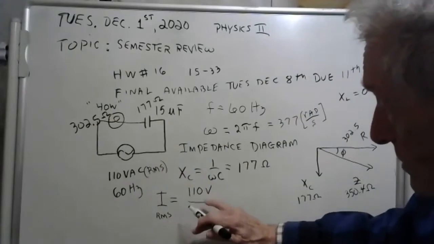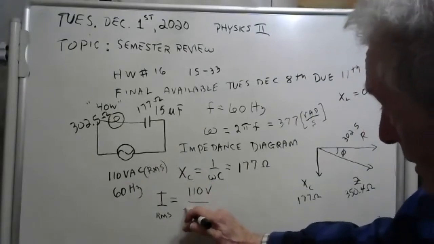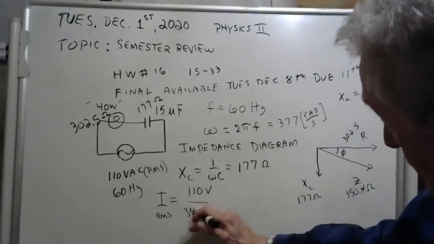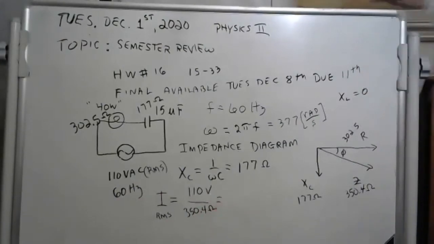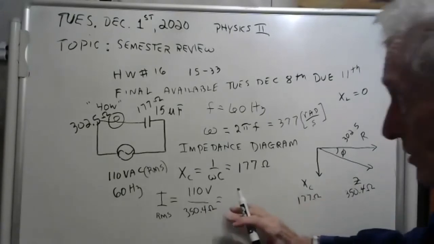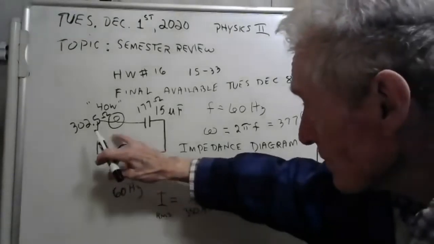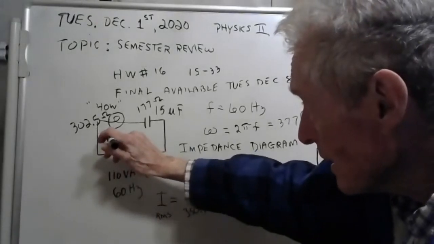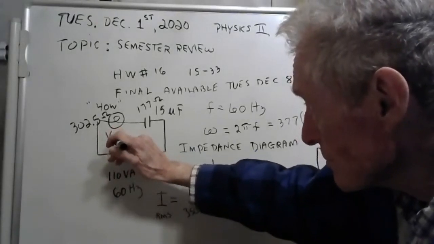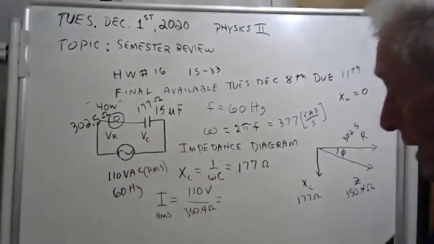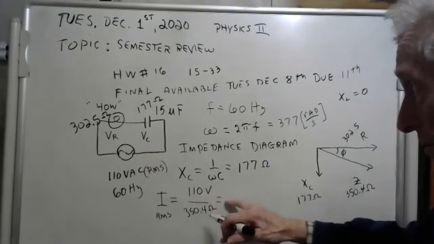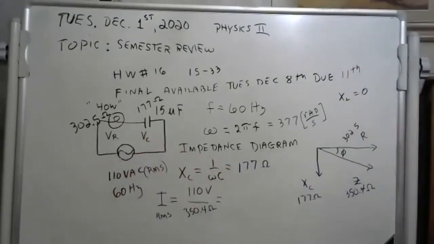And it's going to be 110 divided by your impedance, which is 350.4 ohms. Go ahead and get your current. And then when you get your current, I want you to find the volts here on this resistor and the volts here on this capacitor. I'll shut up. You find the current and then find the volts on those two.